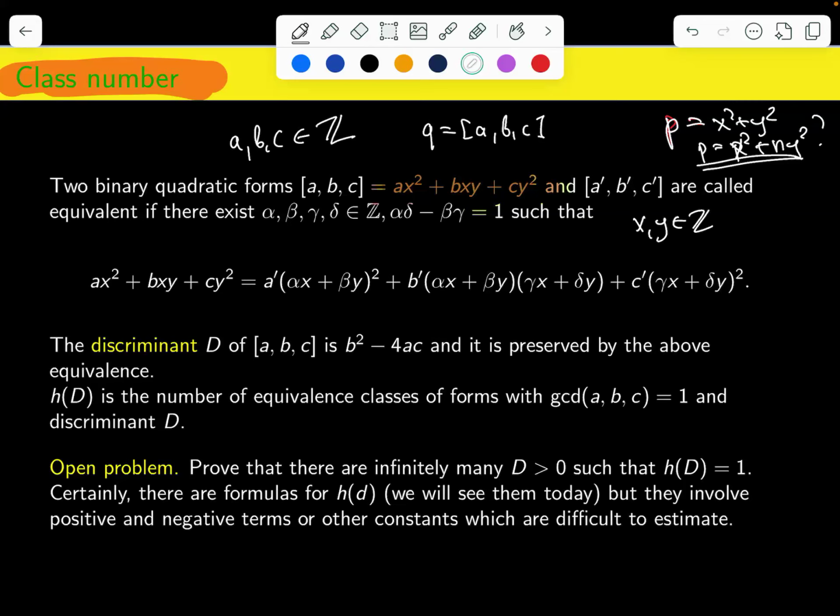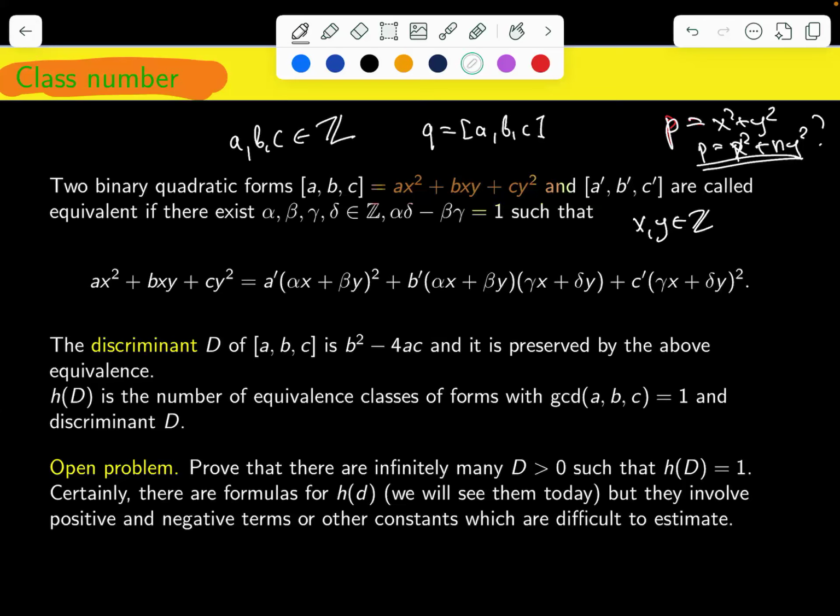And then there is a very natural notion of equivalence, because we care about values of the quadratic form on the lattice Z². So we can twist the form by the automorphisms of the lattice. Or, for example, we can twist by the automorphisms which preserve orientation.